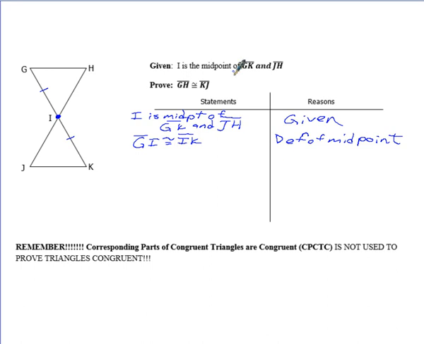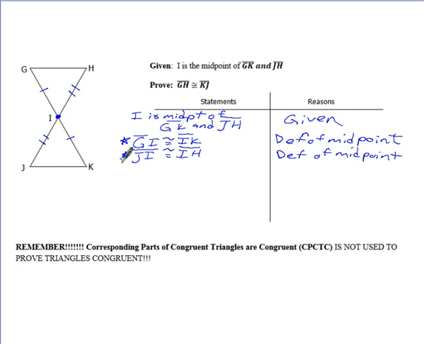Well, it's not just the midpoint of GK, it's also the midpoint of JH. So that means it's also cutting JH in half. And so I can say that JI is congruent to IH. I can say that because of definition of midpoint again. It's totally fine to use the same reason twice in a proof. Not a problem.